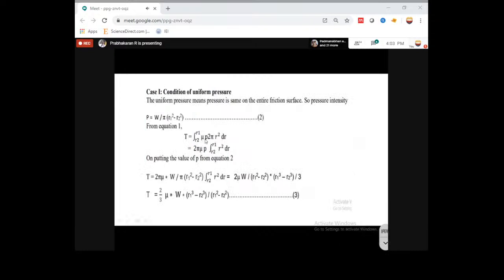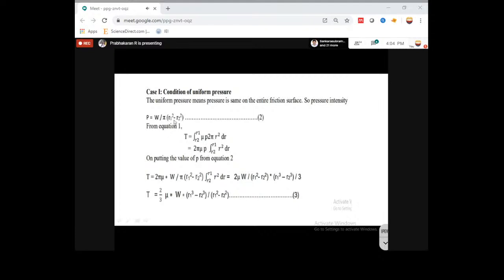So 2 pi mu, and I'm going to integrate r square dr. You will get r cube, and I'm going to substitute R1, R2. So finally you will get the value in terms of (R1 cube minus R2 cube) by 3. Next, instead of pressure P, I'm going to substitute force by area.